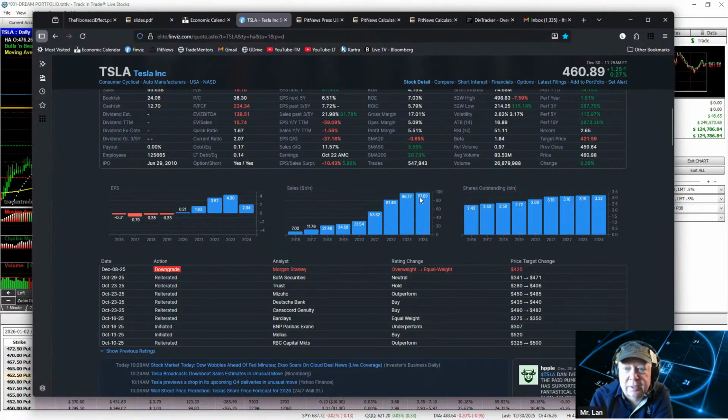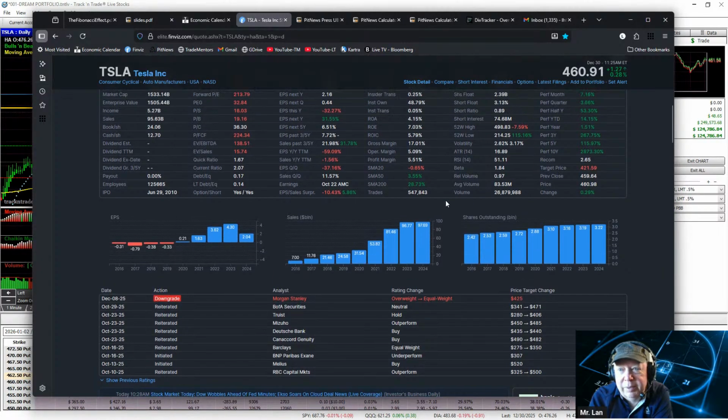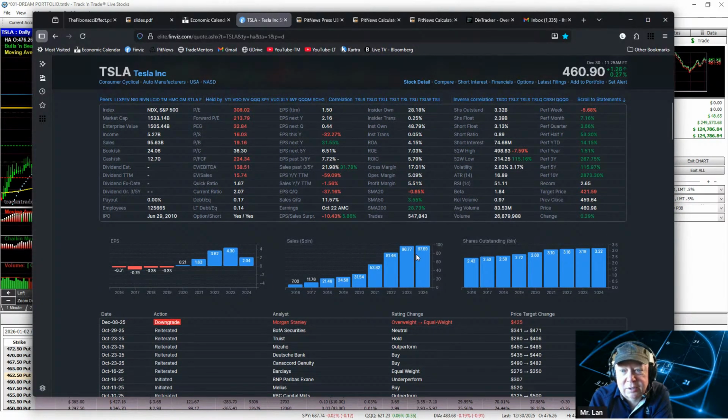They are. They're selling. In 2024 they did 97. In 2023 they did 96. We all know Elon got a little bit political and lost some of his clients. So 97.69, and sales this year is 95.63. He's not quite yet doing as well as 2024, but we haven't got the final numbers for 2025 yet.